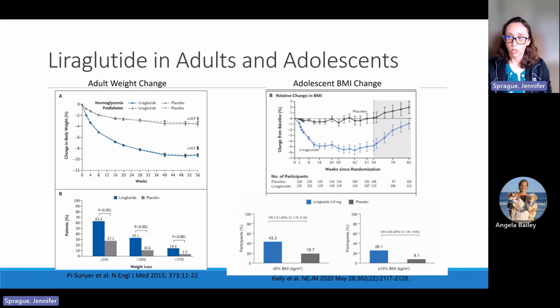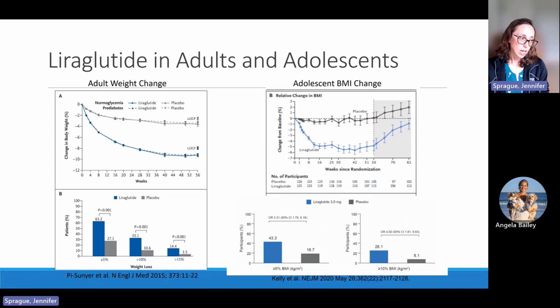So in the adults, what you can see is there's about a 6 to 7% differential body weight loss in the adults who were treated with liraglutide, and an increased proportion of adults who received treatment in blue reached greater than 5%, greater than 10%, and greater than 15% body weight loss.